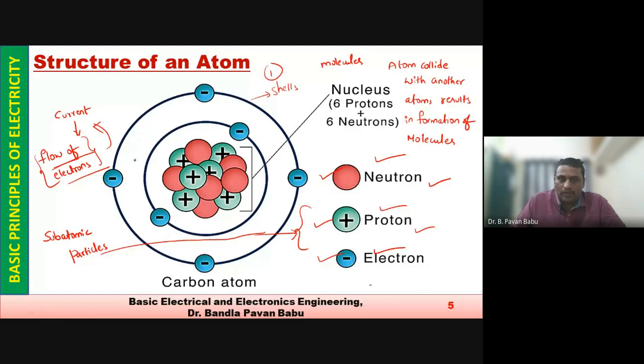So the flow of electrons is called a current. But of course, there exists the flow of protons as well, and neutrons are not charged particles, so they don't affect the behavior of the system or the material. This is the complete structure of the atom, and why it is useful for our discussion, to study electricity.